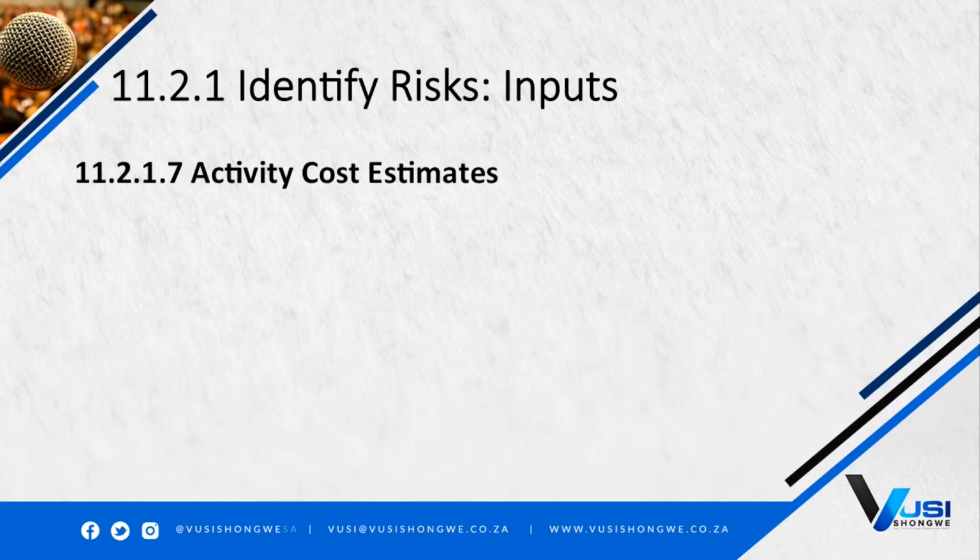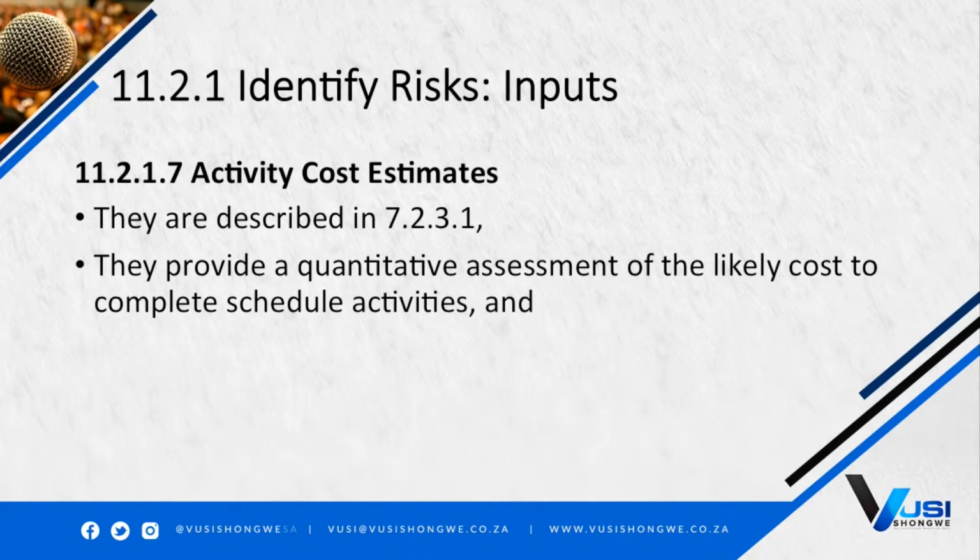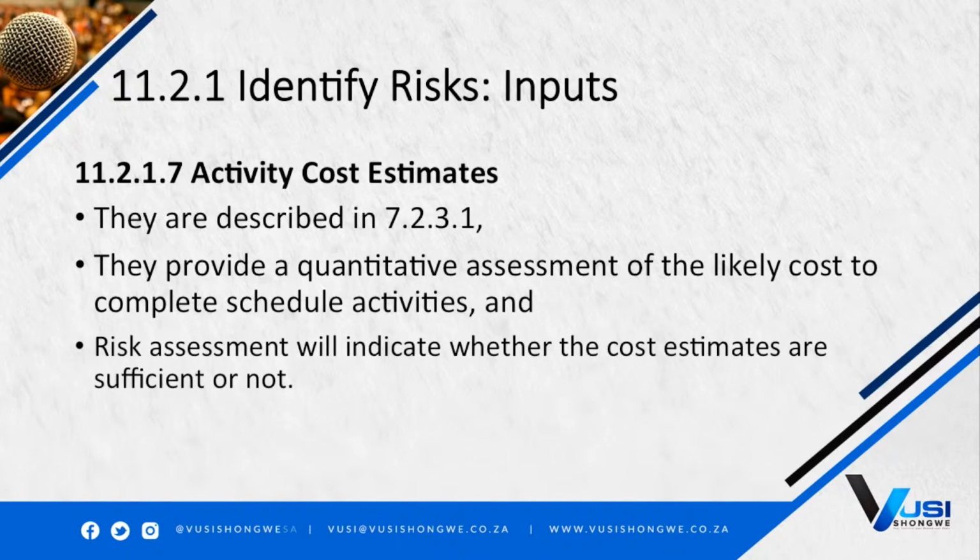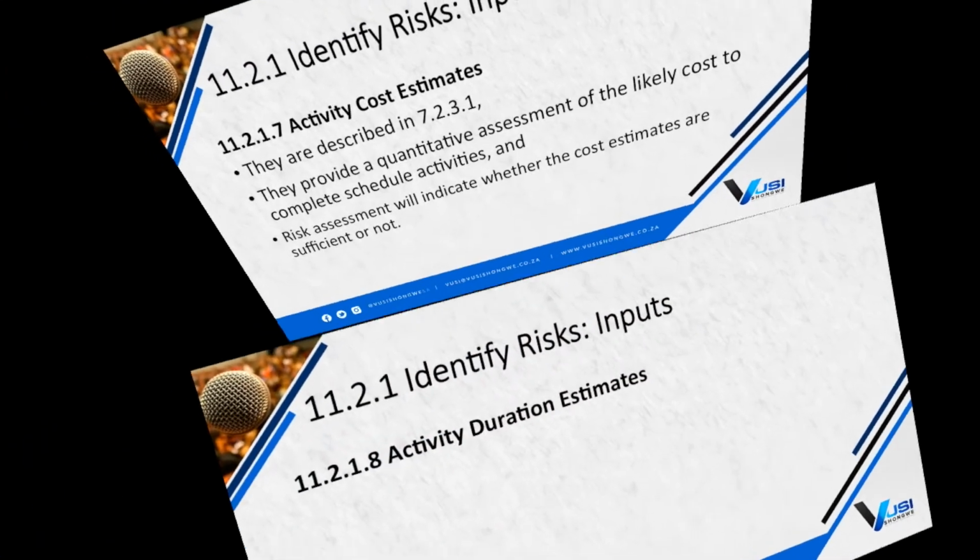Activity cost estimates. They are described in section 7.2. They provide a quantitative assessment of the likely cost to complete scheduled activities. Risk assessment will indicate whether the cost estimates are sufficient or not.